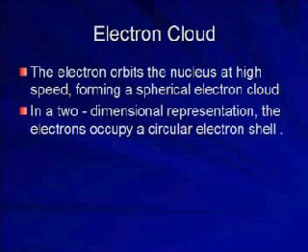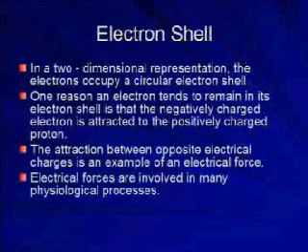Another concept that I'd like you to appreciate is called the electron cloud. The electron orbits the nucleus at high speeds, forming a spherical electron cloud. In a two-dimensional representation, the electron occupies a circular electron shell.